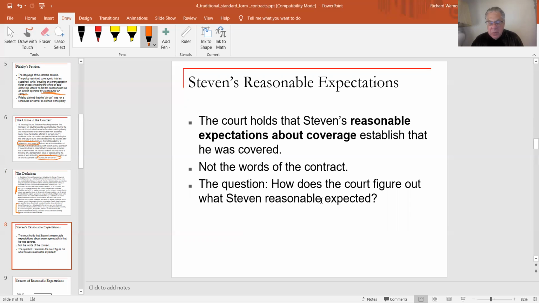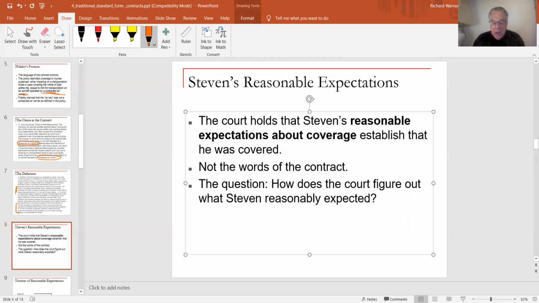Okay, court, if you're going to say the words of the contract don't control, and it's Stevens' reasonable expectations, how do we figure out what they are?